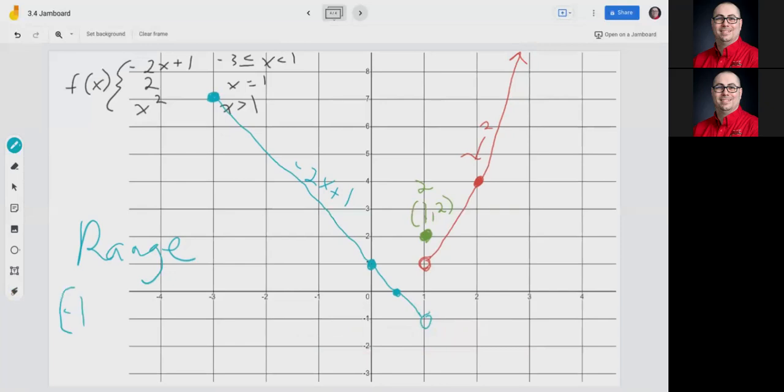So we're going to put a parenthesis on it. And then it's going to go up to infinity, and we'll close that off with the parenthesis as well. So you use the graph to determine the range. You're just looking for what's the highest y value, what's the lowest y value. Now there may be gaps, in which case you'd have to union some intervals together to do that.